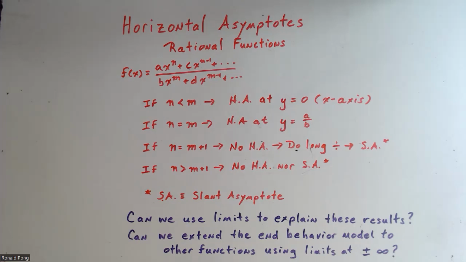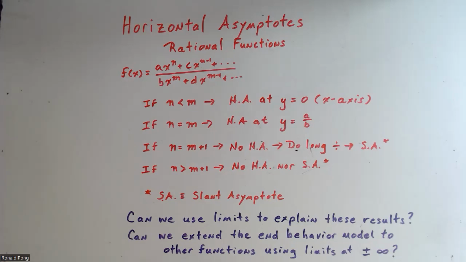If n equals m, in other words, if the numerator and the denominator are of the same degree, then the horizontal asymptote is simply at the ratio of a to b, that is, y equals a over b.